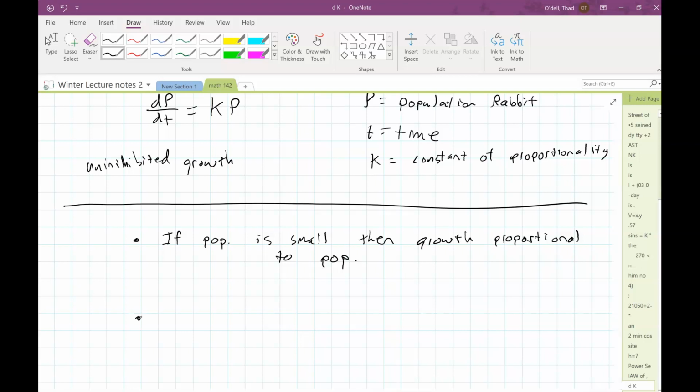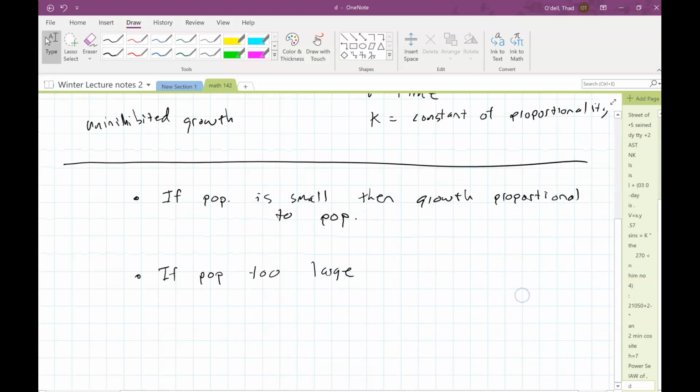But then our second assumption is, if the population is too large, so we get close to what we call a carrying capacity, too large for the environment, then the population decreases. In other words, the growth rate is negative.